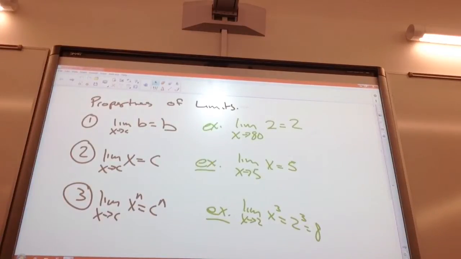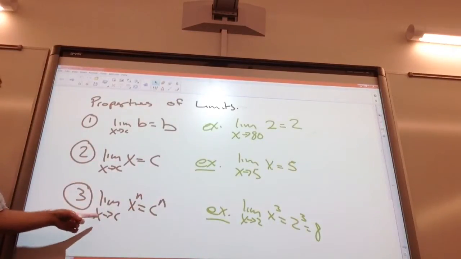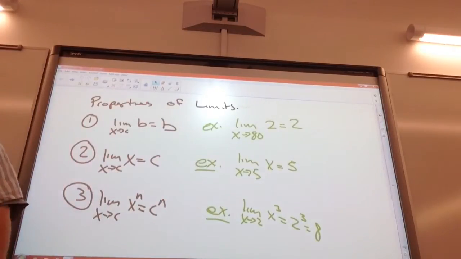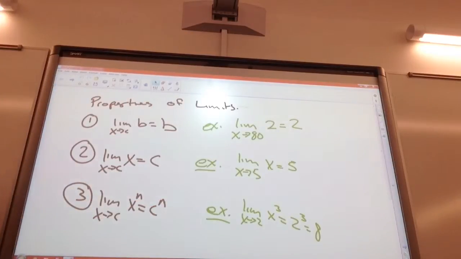The last one: if n is some sort of integer, then the limit as x goes to c of x to the n is c to the n. Thus, for example, as x goes to 2 of x cubed, that'd be 2 cubed, which is 8. These are some of the very basic limits you'll ever see.